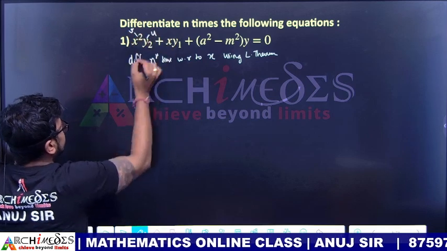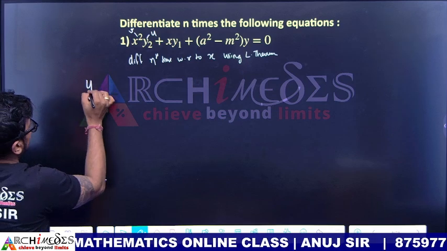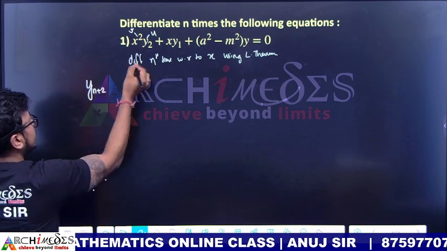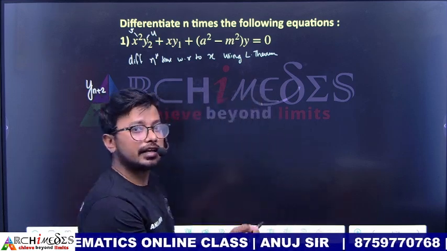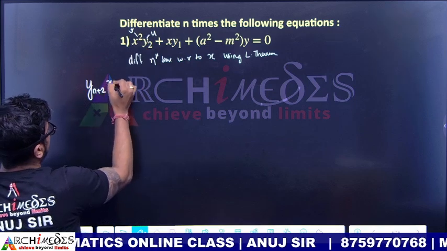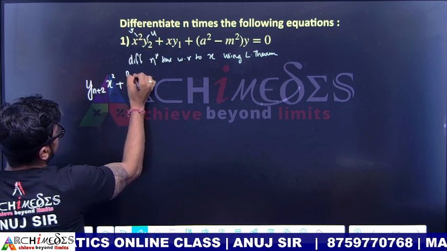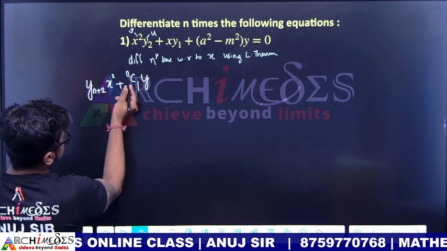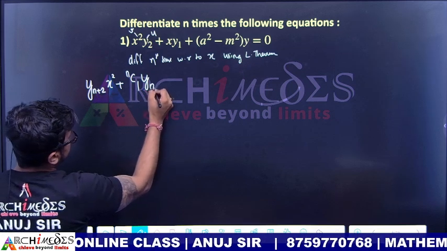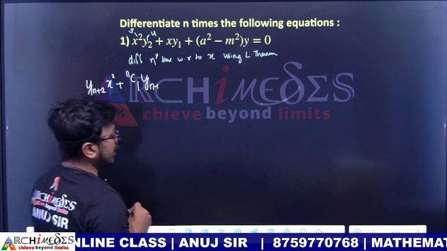So when I differentiate n times, isn't it? It becomes like this, y(n plus 2), because it is already 2 times differentiated. So if we differentiate n times, it becomes y(n plus 2) v, x square, plus nC1 y what? y is n plus n minus 1 plus 2. Can we write n plus 1?